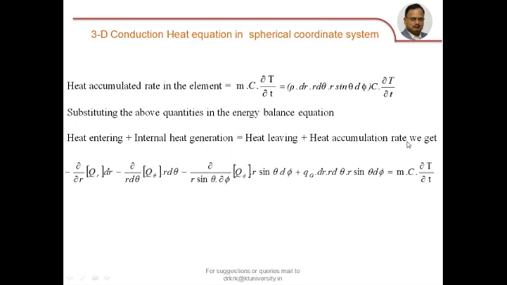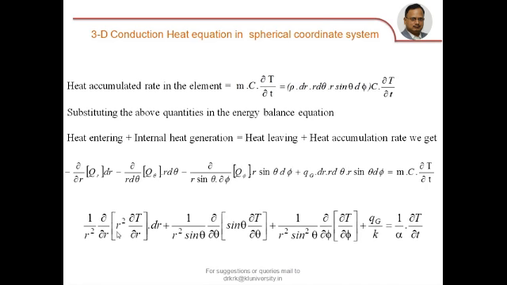So by substitution we get minus dou by dou r of q_r into dr, minus dou by r dou theta of q theta into r d theta, minus dou by r sin theta dou phi of q phi into r sin theta dou phi, plus internal heat generation per unit volume q_g into total volume dr r d theta r sin theta d phi, is equal to mass into specific heat into rate of change of temperature with respect to time.